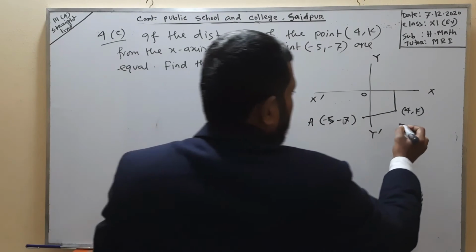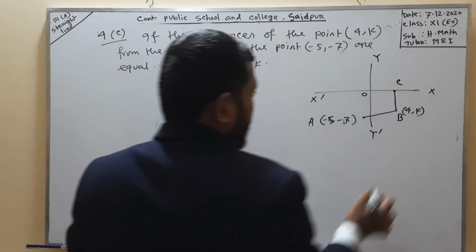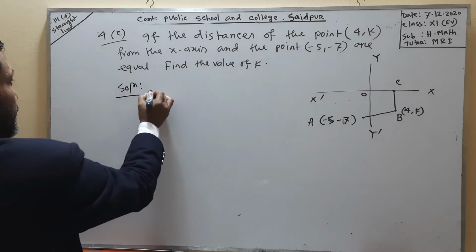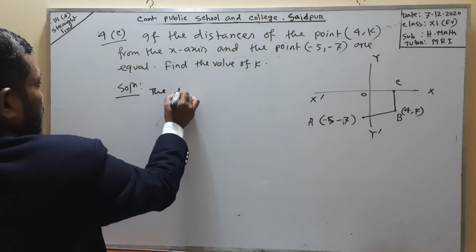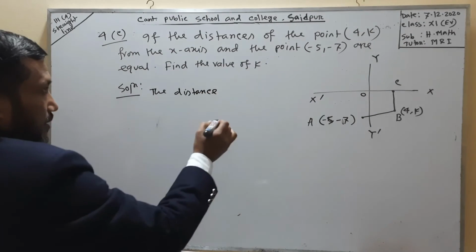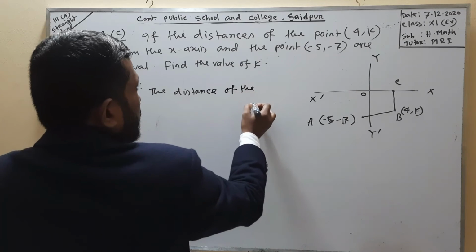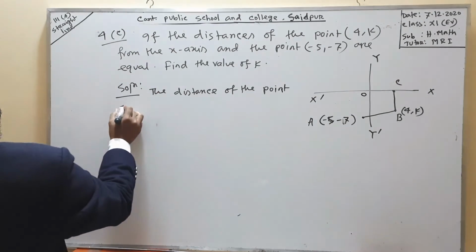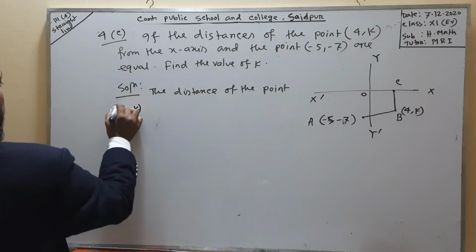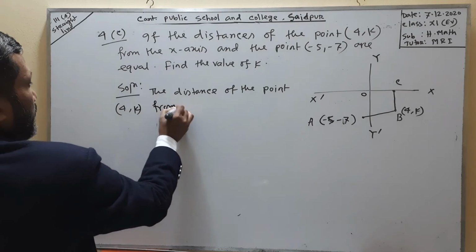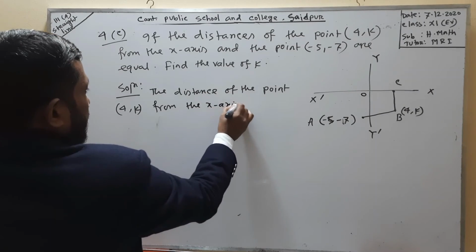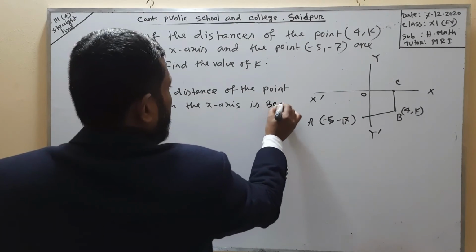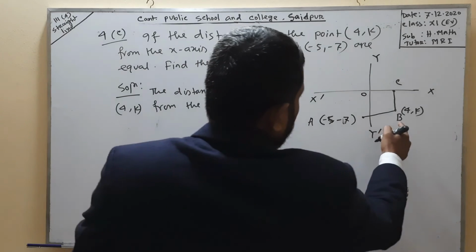Suppose this is A and this is B. Now the distance of the point 4 comma k from the x-axis is, suppose here BC, equal to the ordinate of this point.